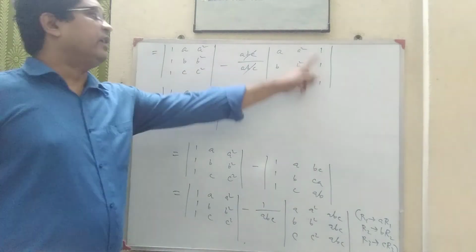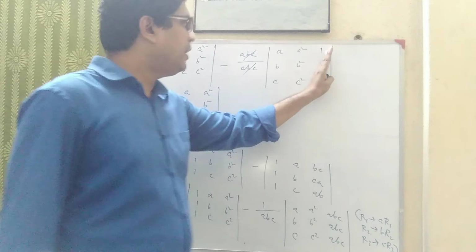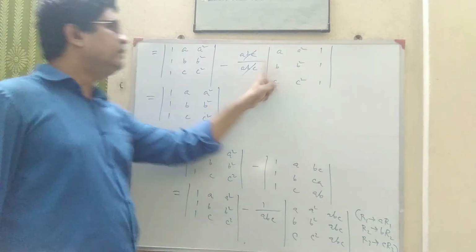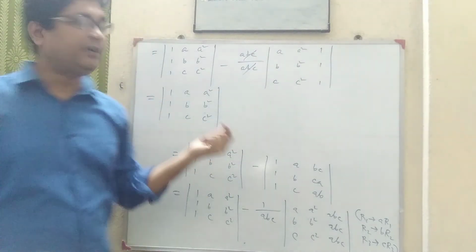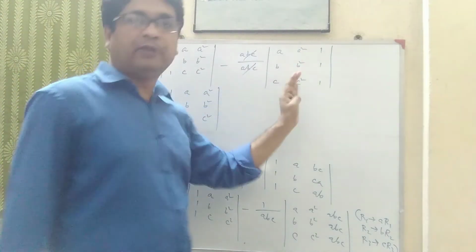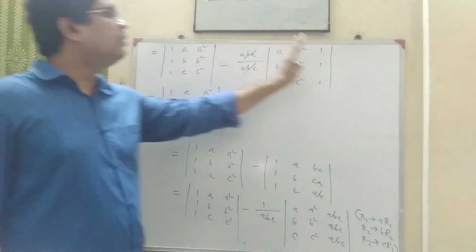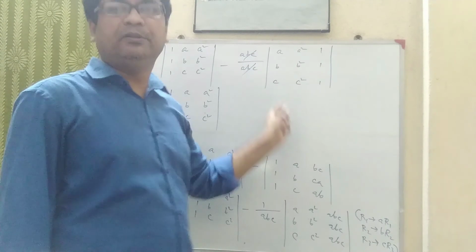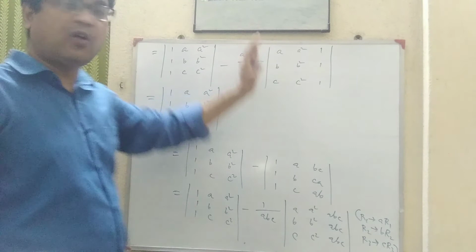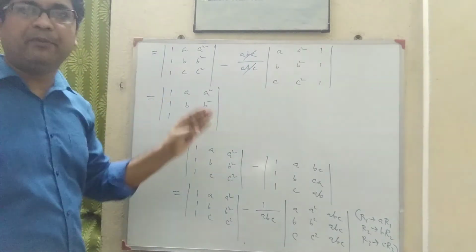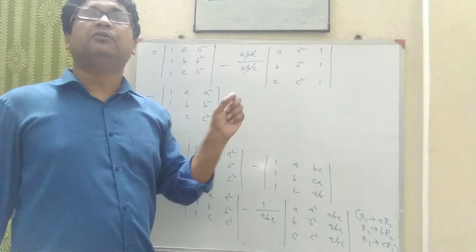Now look at this determinant. This column, that is C3, if we pass it over the first two columns, then it will be the same as this determinant. And we all know that by a property, if we want to pass a particular column over two columns, then we have to multiply it by -1 whole to the power 2. In general, if a particular column or row passes over m number of rows or columns, then the determinant is multiplied by -1 whole to the power m.